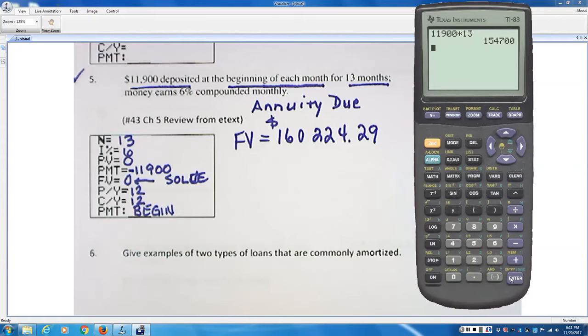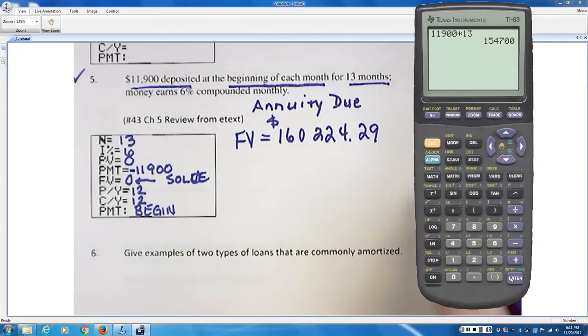So the money that you actually put into the account is $154,700.